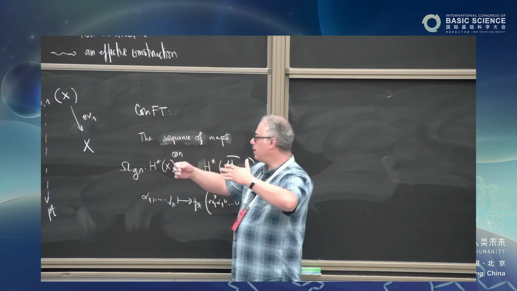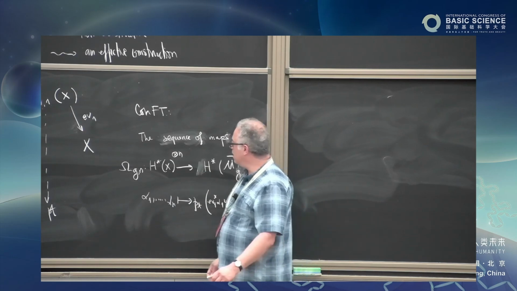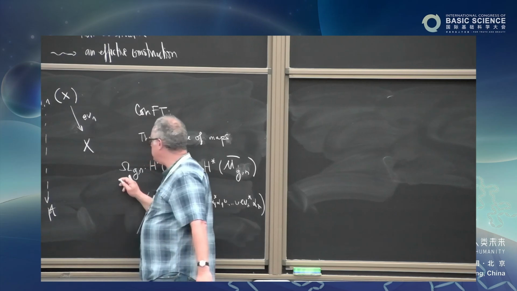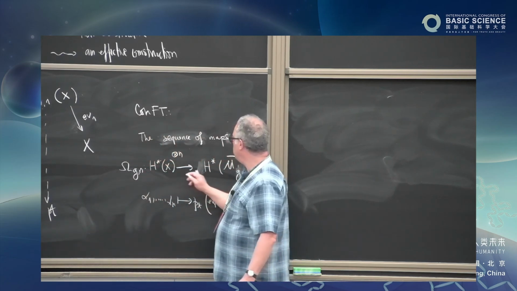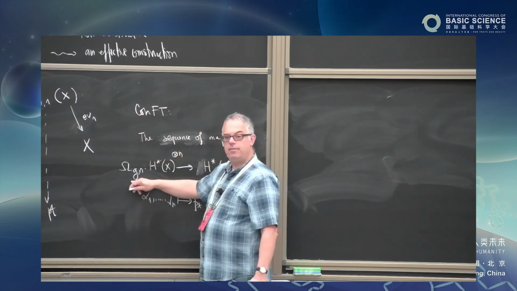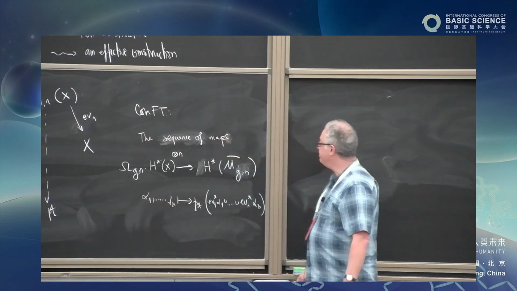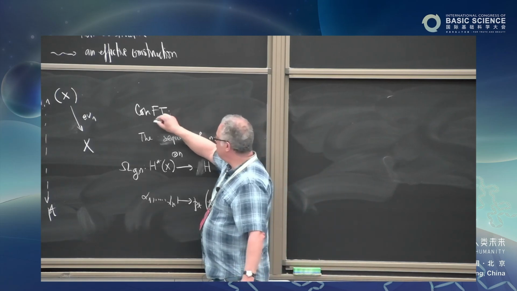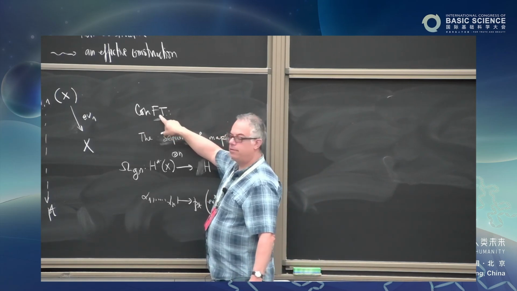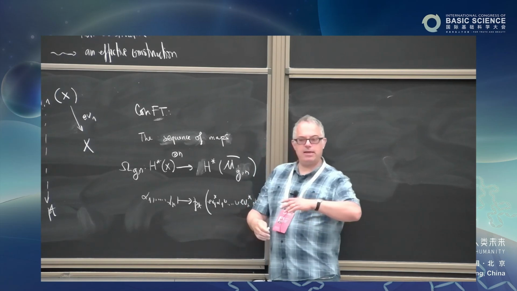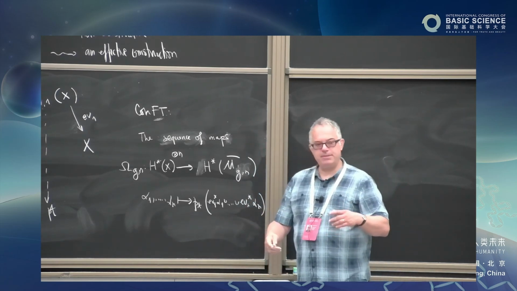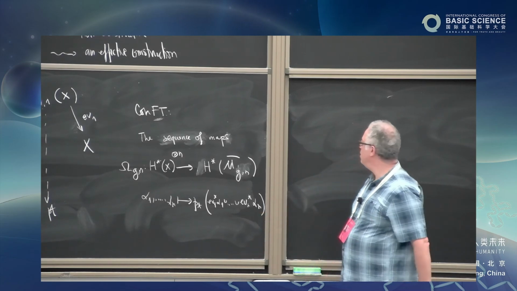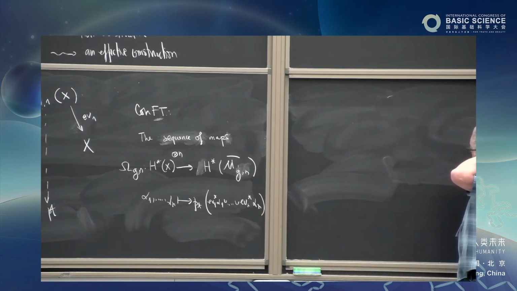You get some such gluing maps, and these CohFT maps play well with these gluing maps. That's why they call it a CohFT. It's a cohomological field theory. The field theory here is exactly talking about the fact that the maps play well with respect to these sewing maps.